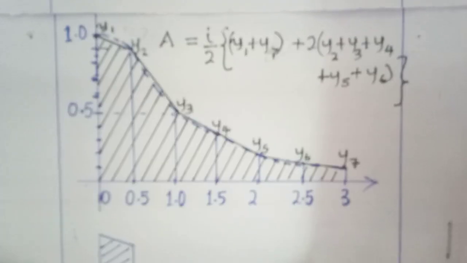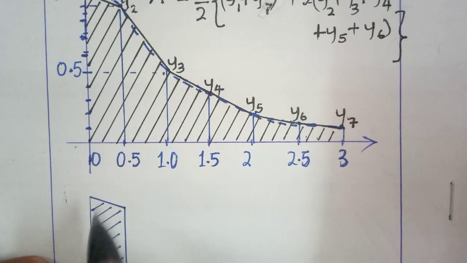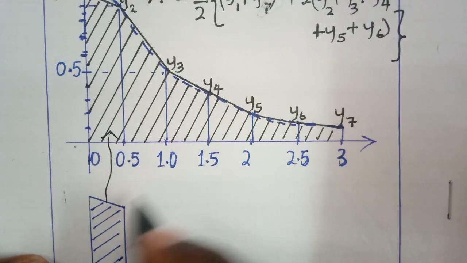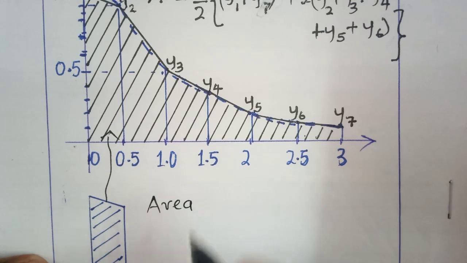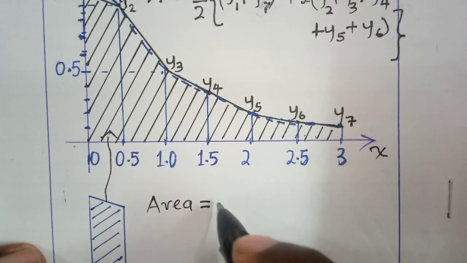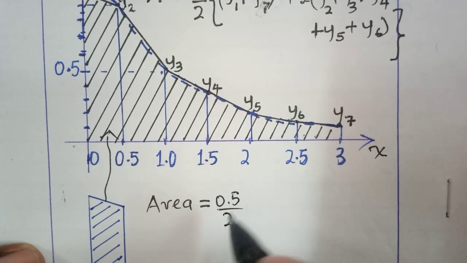So let's do it down here. Area is going to be the interval, which is on the x-axis, 0.5, divided by 2.